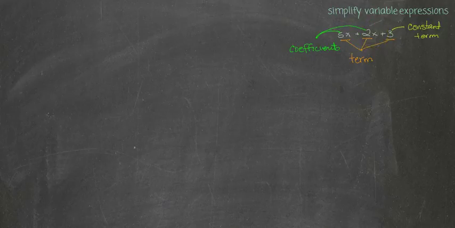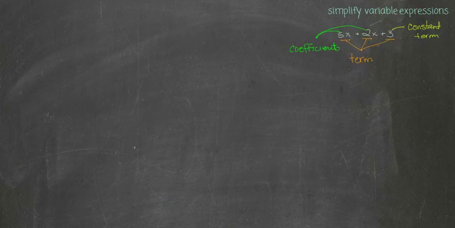So the only new terminology here is that when we have a variable expression, each part of the variable expression is called a term. Any part that doesn't have a variable with it is called a constant term, and the values of terms that contain a variable are called the coefficients.